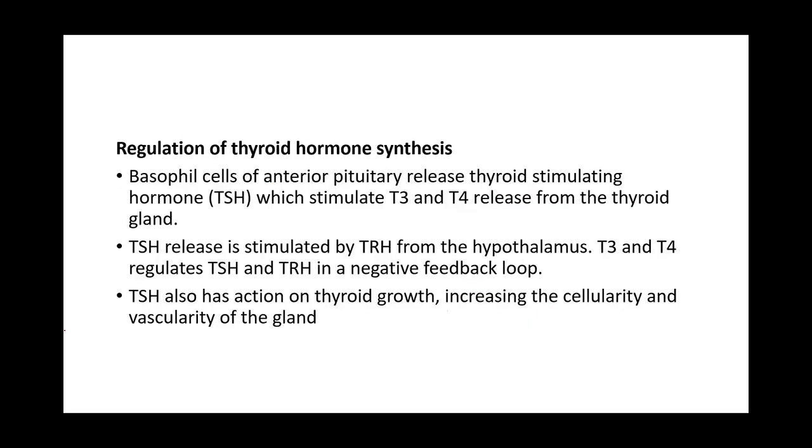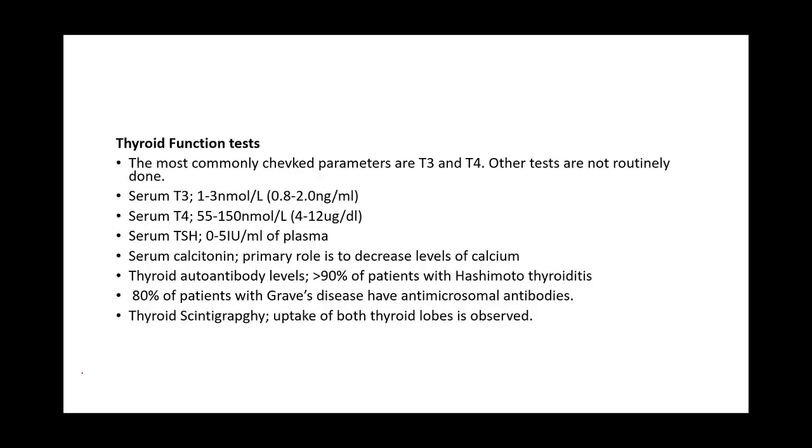Okay? Now, the regulation of this hormone is under the influence, as we mentioned, of the thyroid stimulating hormone, under the influence of the thyroid releasing hormone that is produced from the hypothalamus, and there is a negative feedback mechanism that controls the production of the hormone.